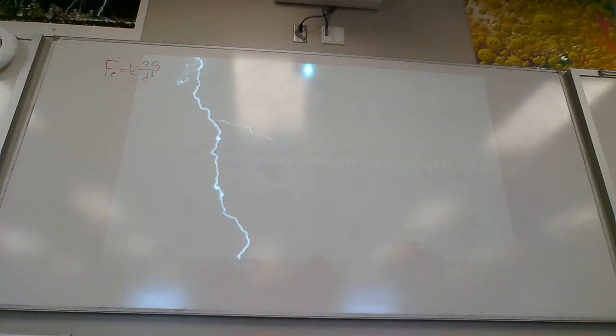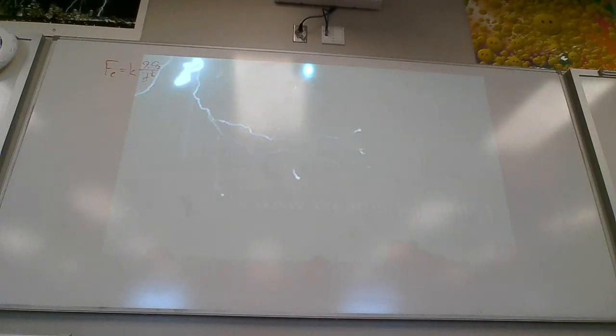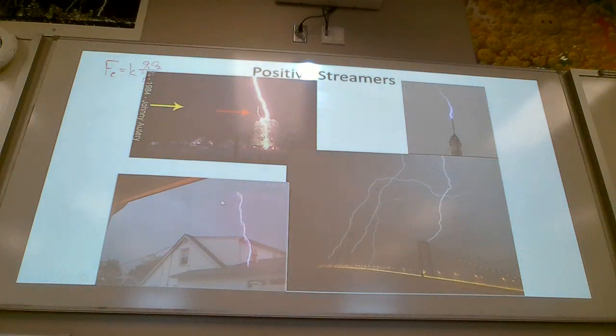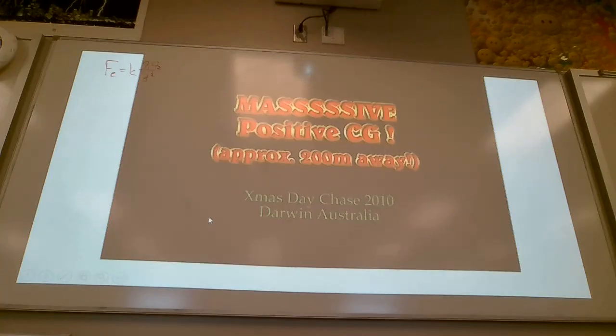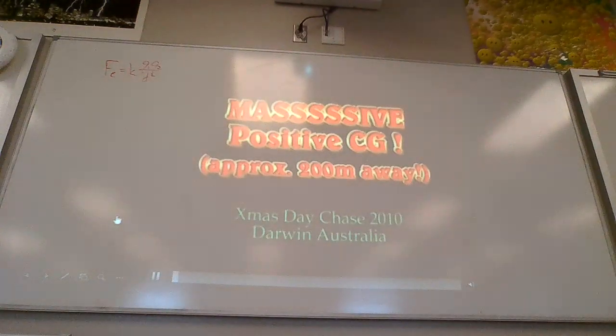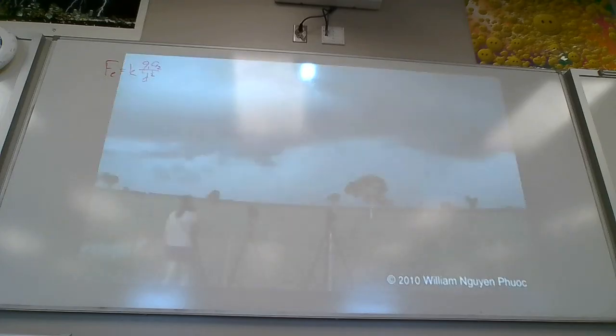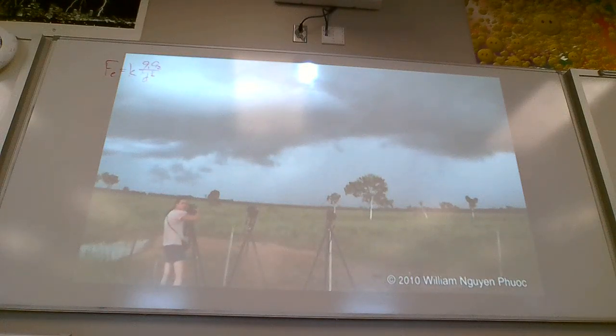Let me see a few more times. One more. Sometimes you see a light hit like this, spread out. Okay, so these are pictures of positive streamers. Given that big anvil strike last night.